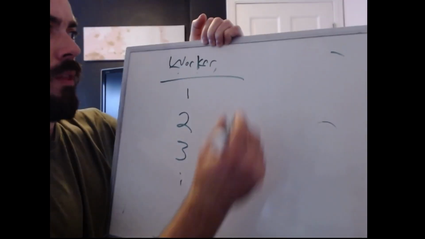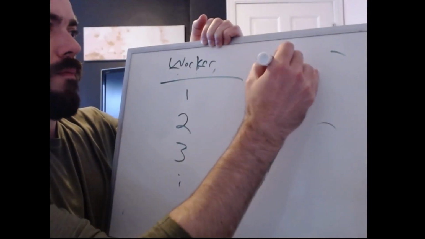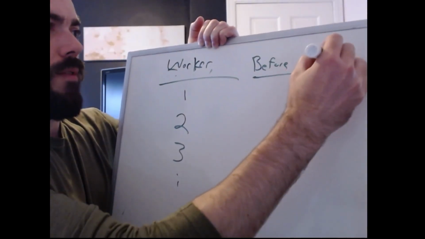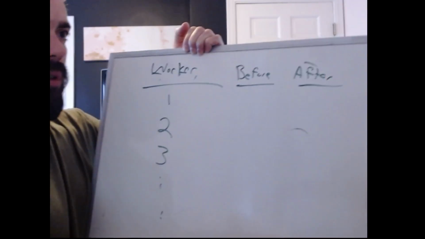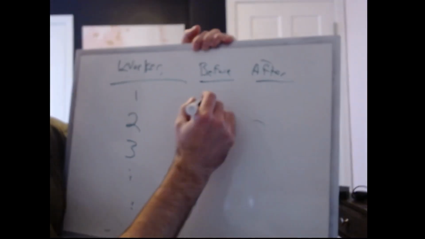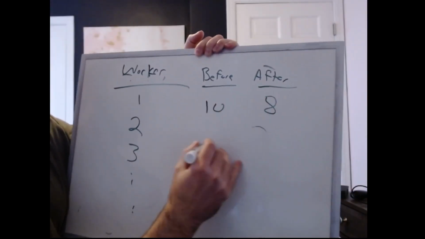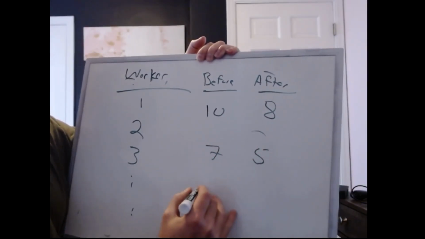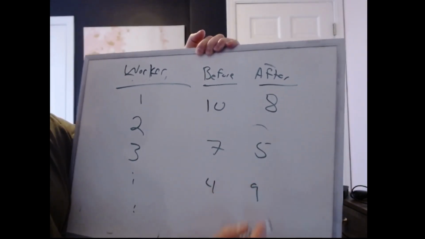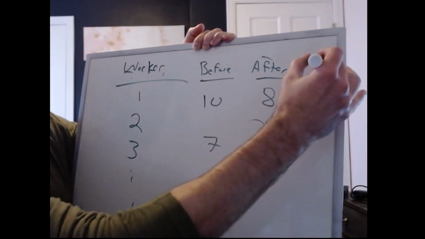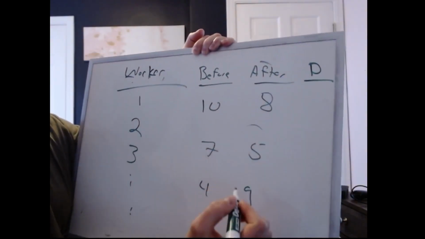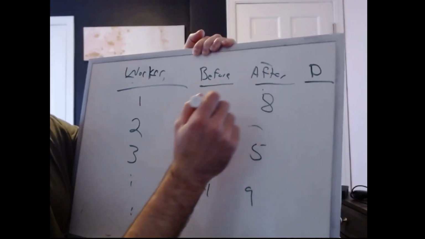We've got their before and their after productivity, right? Let's say before it's 10, 8, 7, 5, 4, 9. What we would do is find this difference variable, which takes the after productivity minus the before.